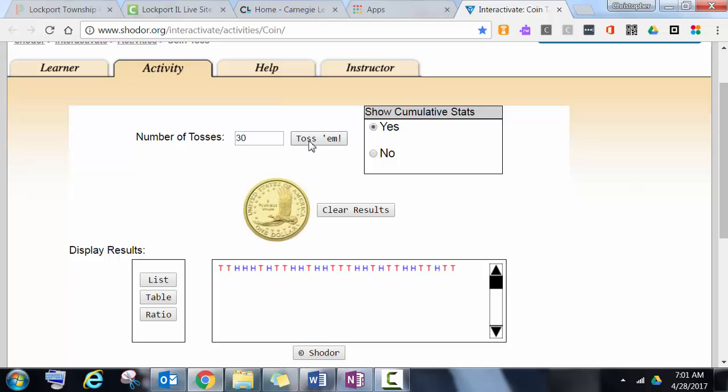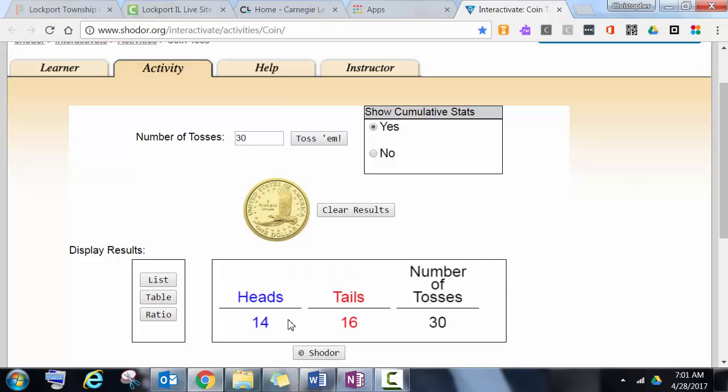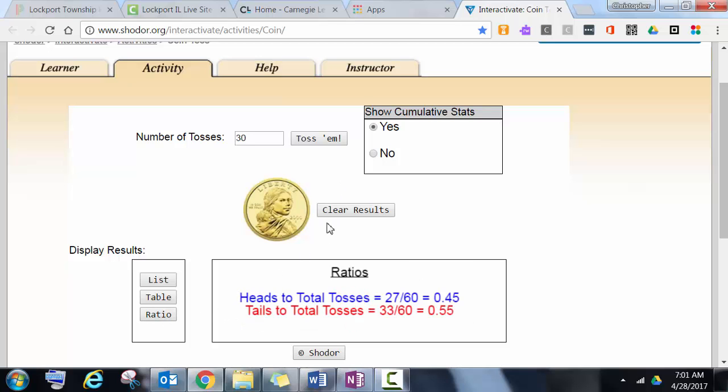Now, it's not quite even. We have 14 heads and 16 tails. It's close, but not quite there. We toss another 30. It's starting to get a little bit more lopsided. If we look at our proportions, 45 and 55, they should be 50. I toss 30 again.